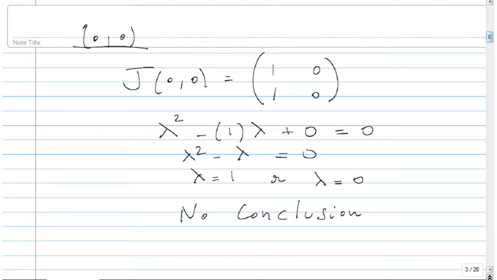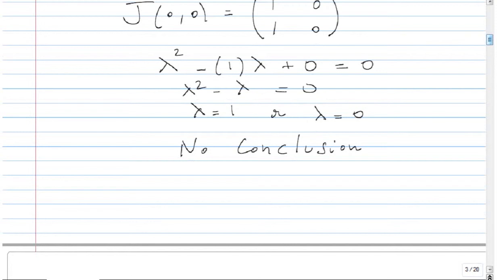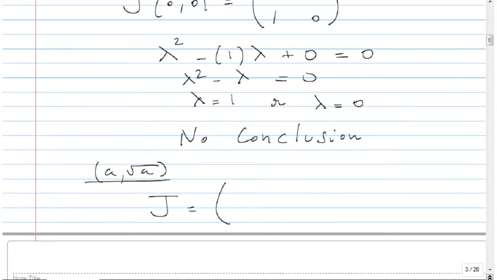The next equilibrium point is (a, square root of a). The Jacobian matrix at this point is going to be [1, 1; 0, minus 2 square root of a].